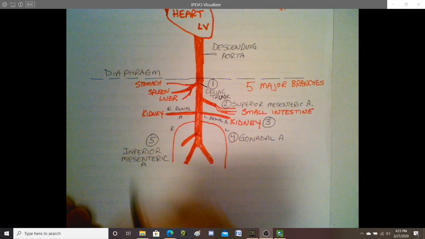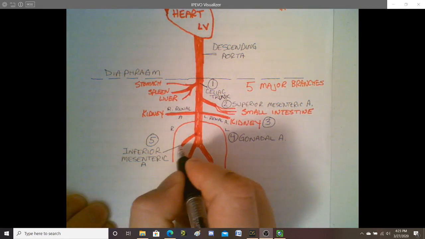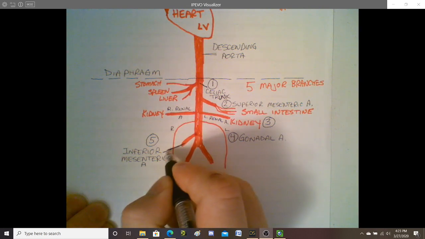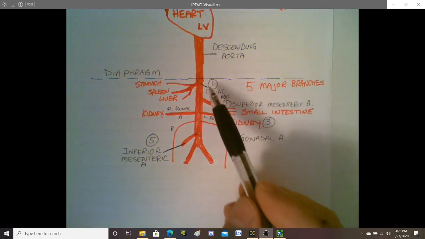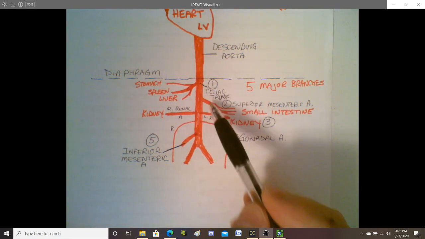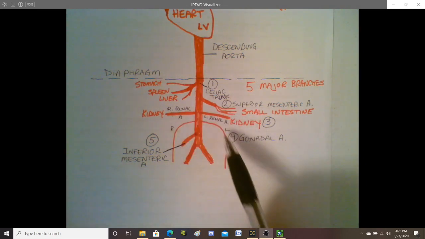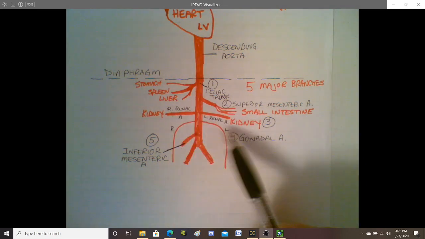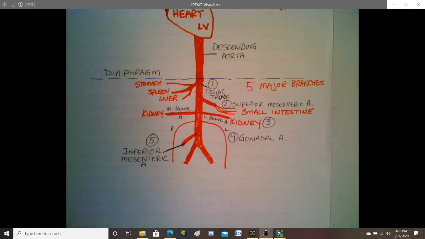And we have to put artery. So that is this one right here. So we have 5 major branches: the celiac trunk, the superior mesenteric, the renals, left and right, the gonadals, left and right, and then the inferior mesenteric. So that takes care of the major branches.